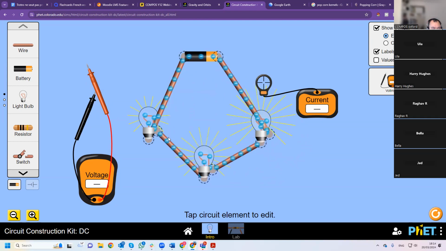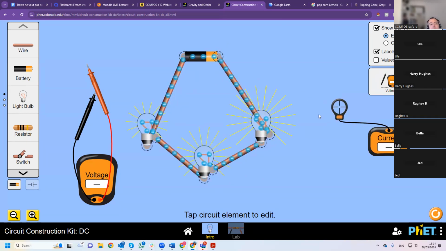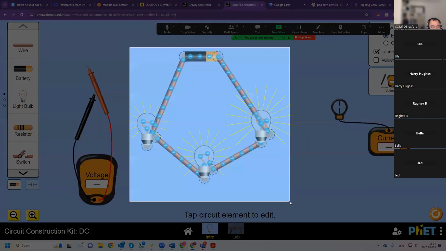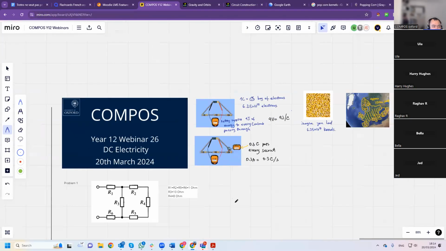Well, first thing that you notice is which lamp is the brightest? Yeah, the one with the 30 ohm light bulb is the brightest. What if you connect them in parallel?